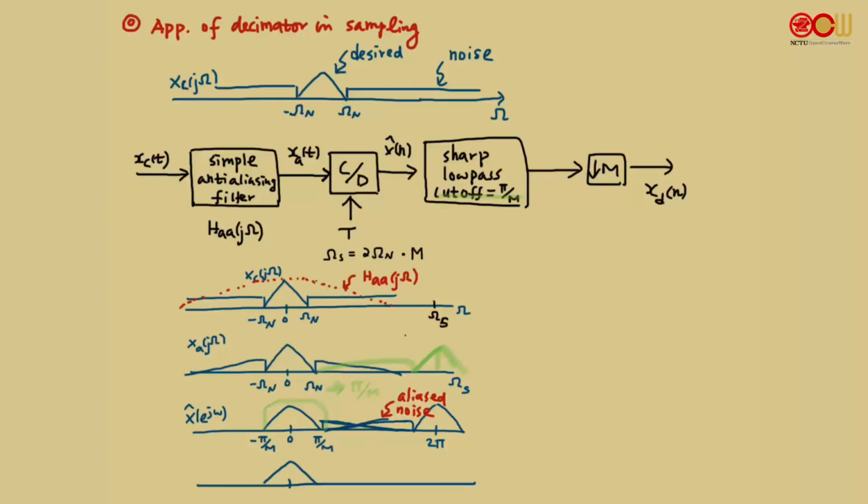And then after we downsample, this will be stretched to from minus π to π, and this is Xd(e^jω). Okay, there will be stretching after the filtered X hat is decimated.